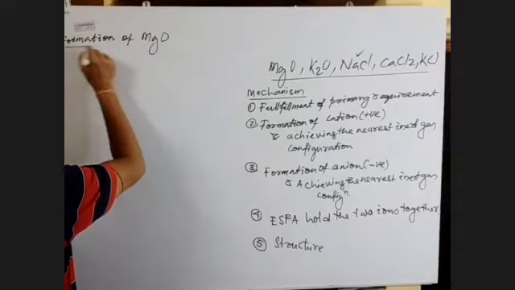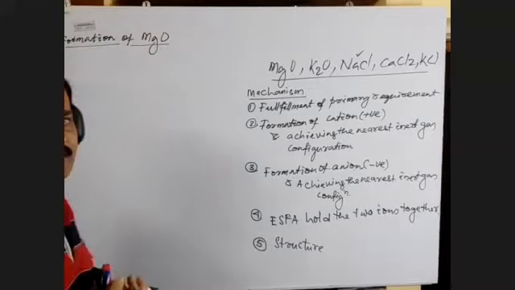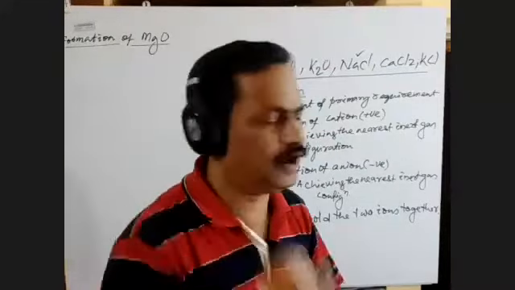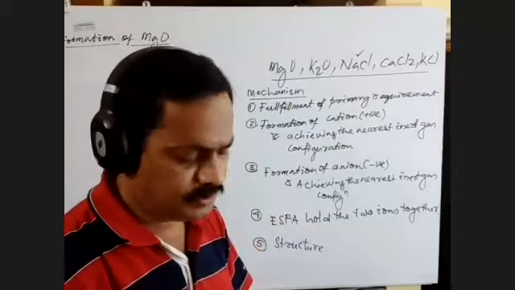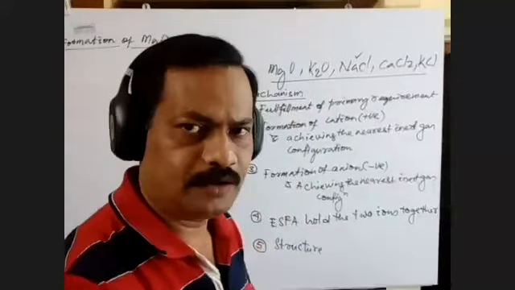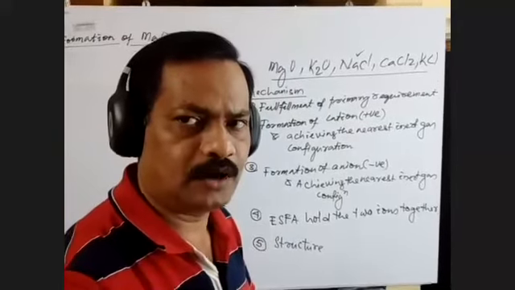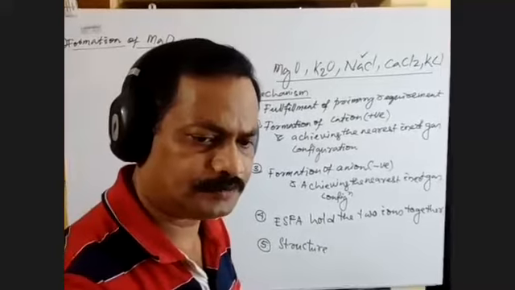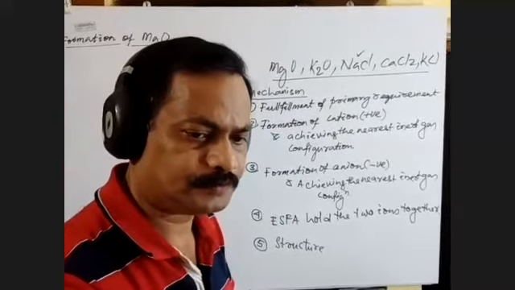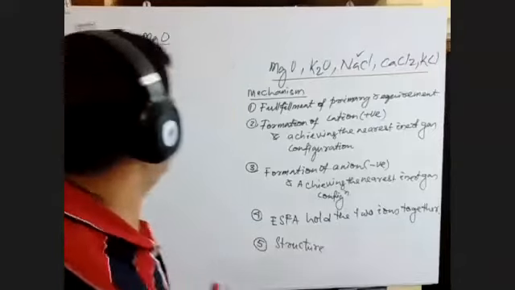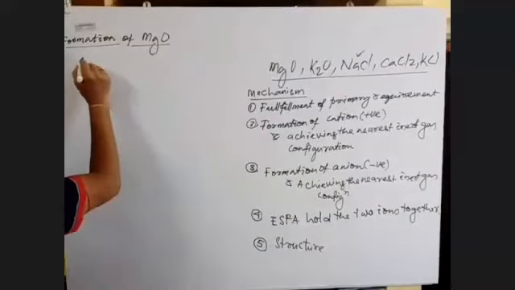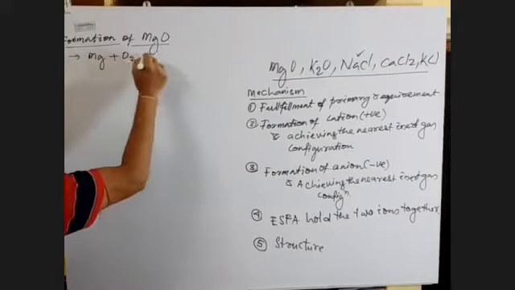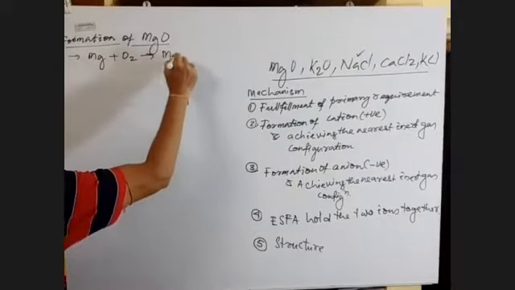How is magnesium oxide formed? Here, the first point is that magnesium reacts with oxygen to form magnesium oxide.